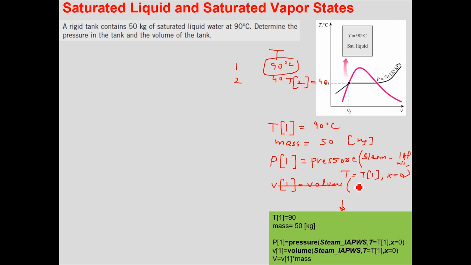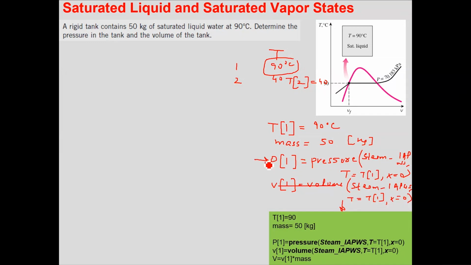You will write steam underscore IAPWS. That means use the steam tables, and the two properties you have to specify again are the temperature value stored in column T row 1, and X = 0.